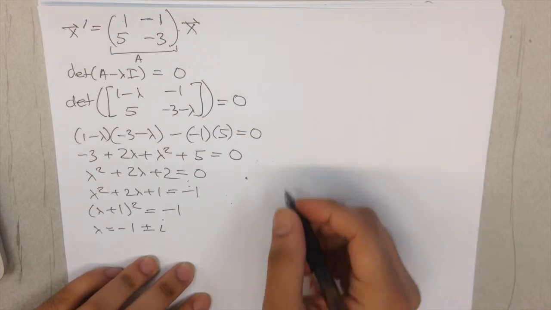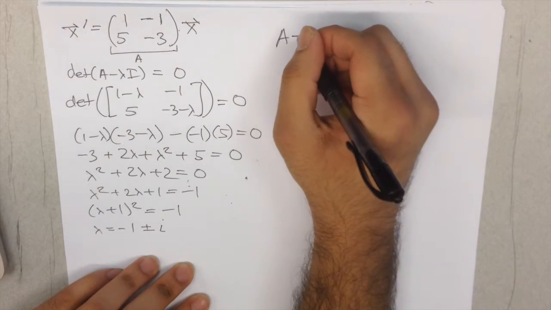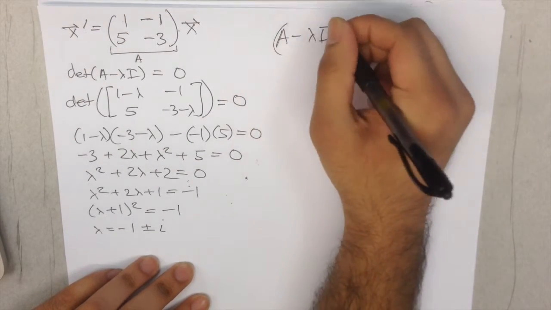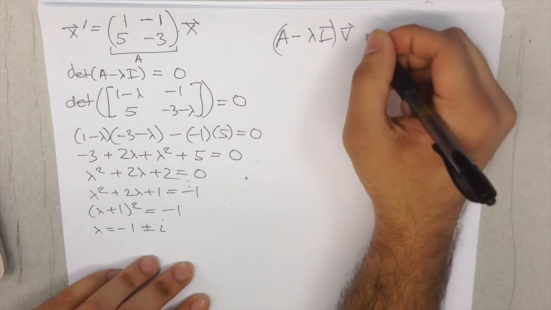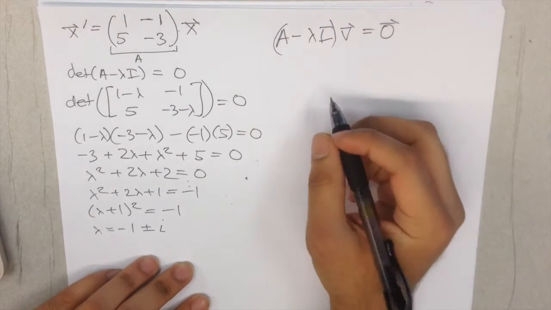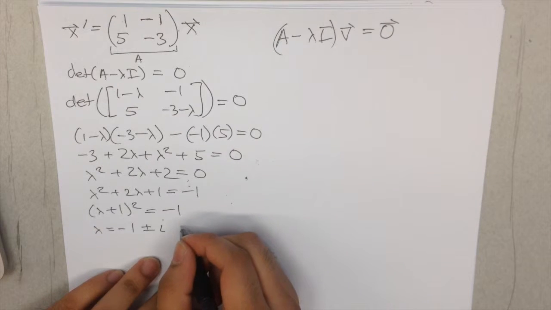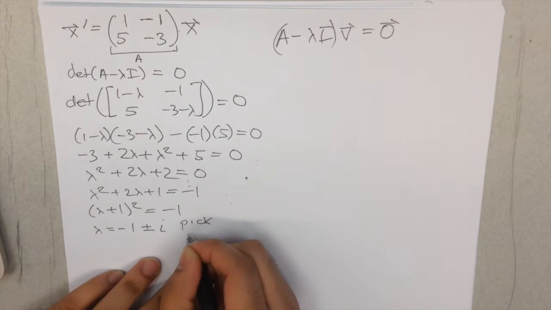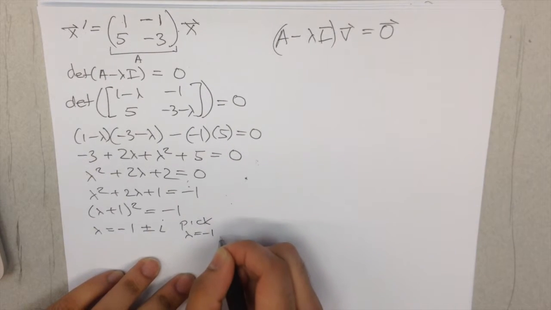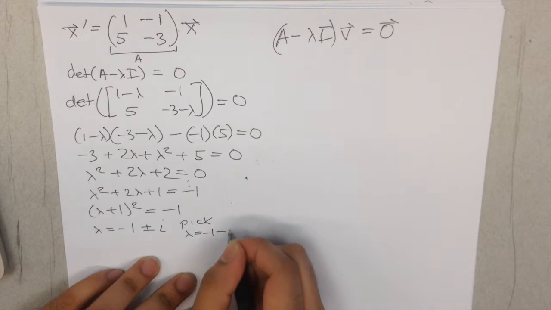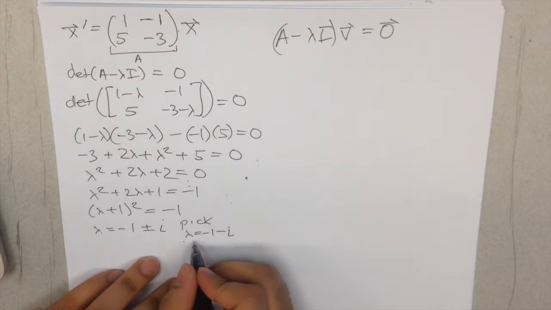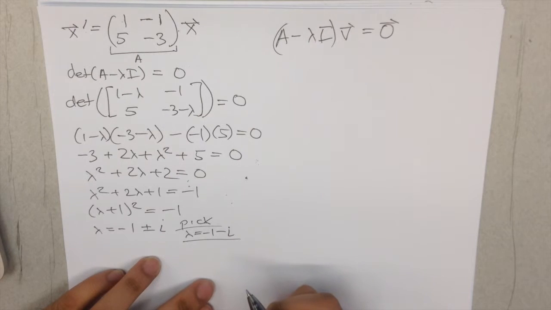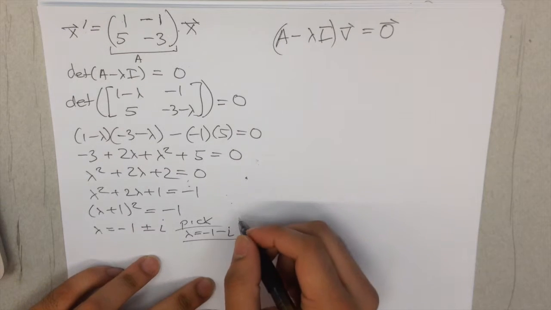So now we're going to evaluate A minus lambda I. We're going to try to find the eigenvectors now. I pick lambda equal to negative 1 minus i. Here I decided to pick the negative imaginary solution. Again, it doesn't matter which one you pick as long as you're consistent.